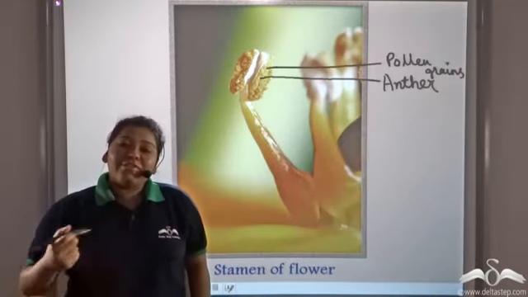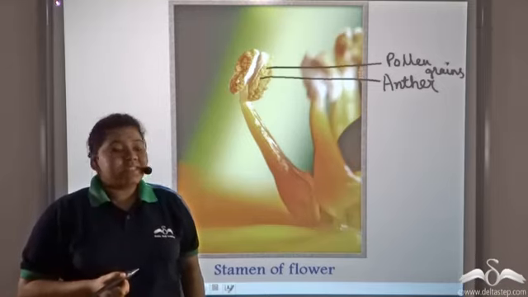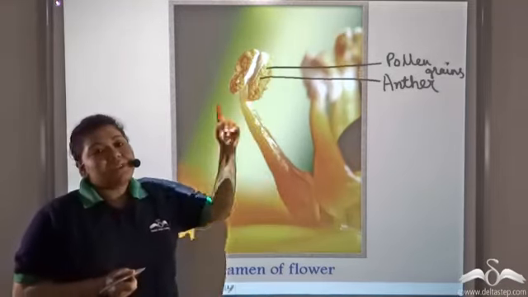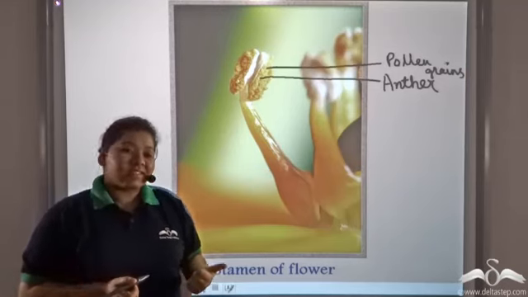Pollen grains are free to move about. The transfer of pollen grains from the anther to the stigma of a flower is known as pollination.